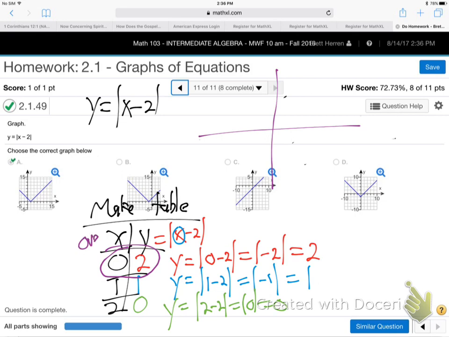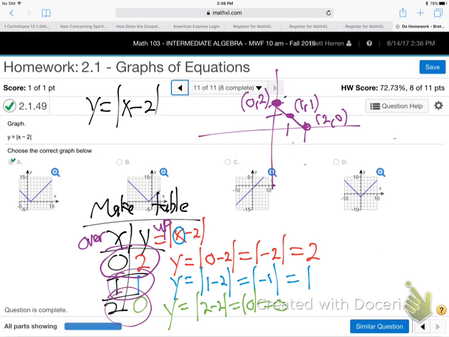Remember, it's over and it's up or down. So over 0, up 2. Right there. And over 1, up 1. Right there. Over 2, up 0, right there.